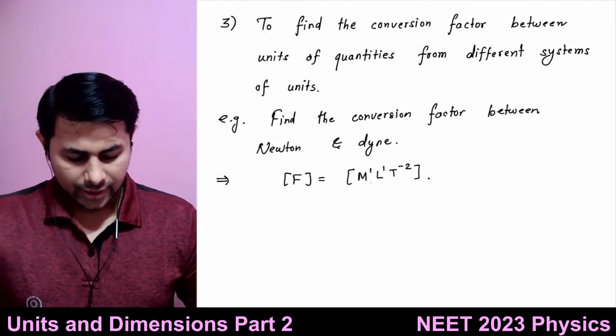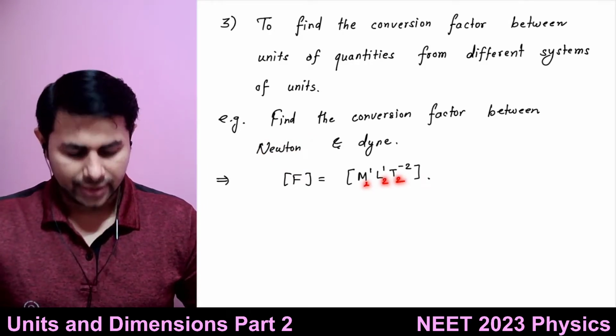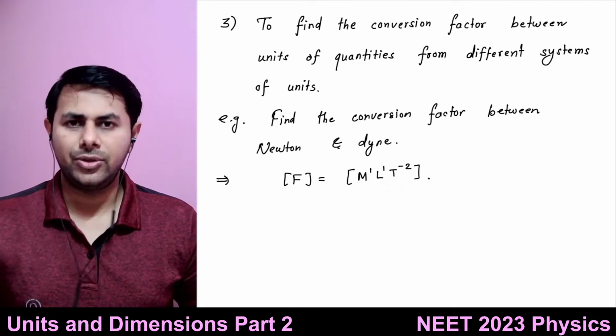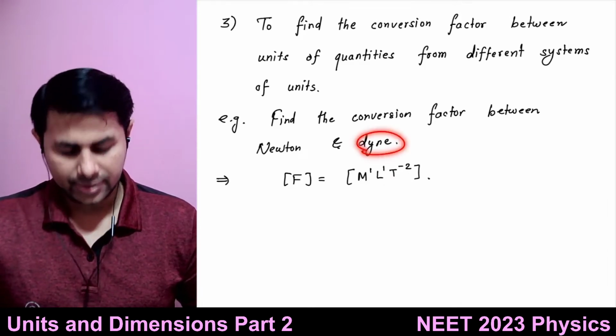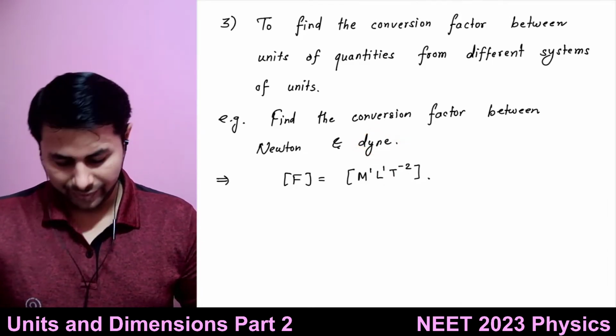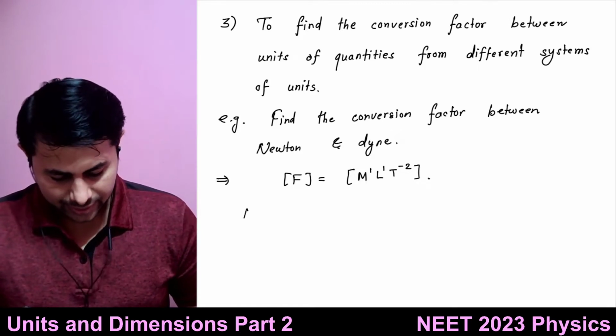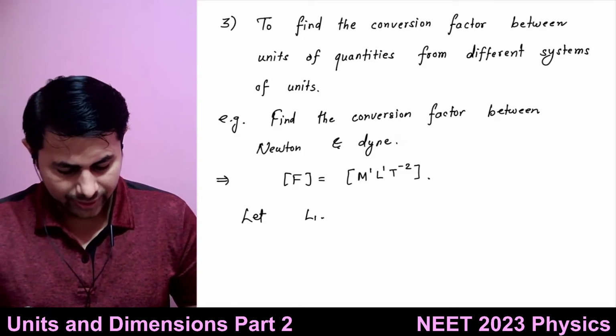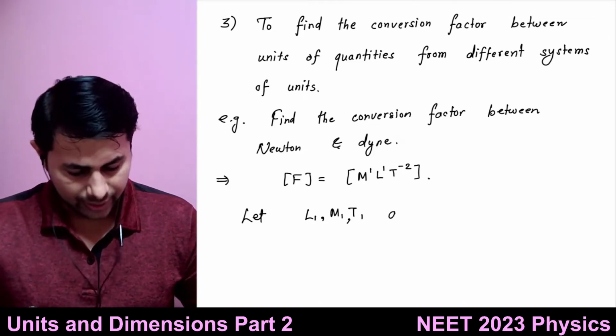And M suffix 2, L suffix 2 and T suffix 2 are the units of mass, length and time in the second system.